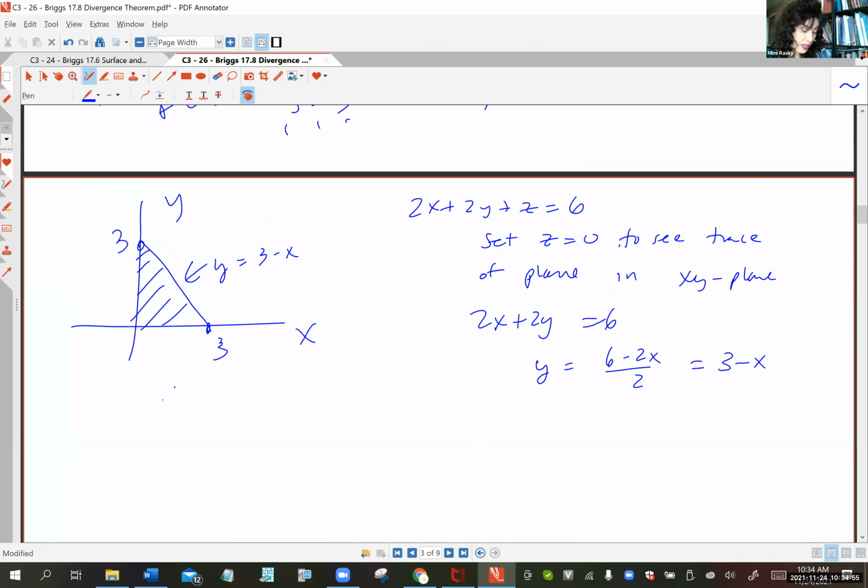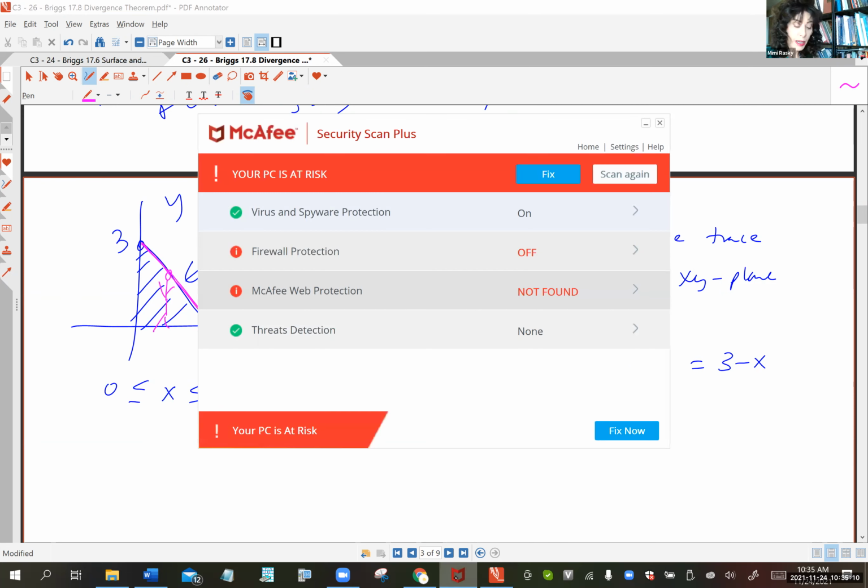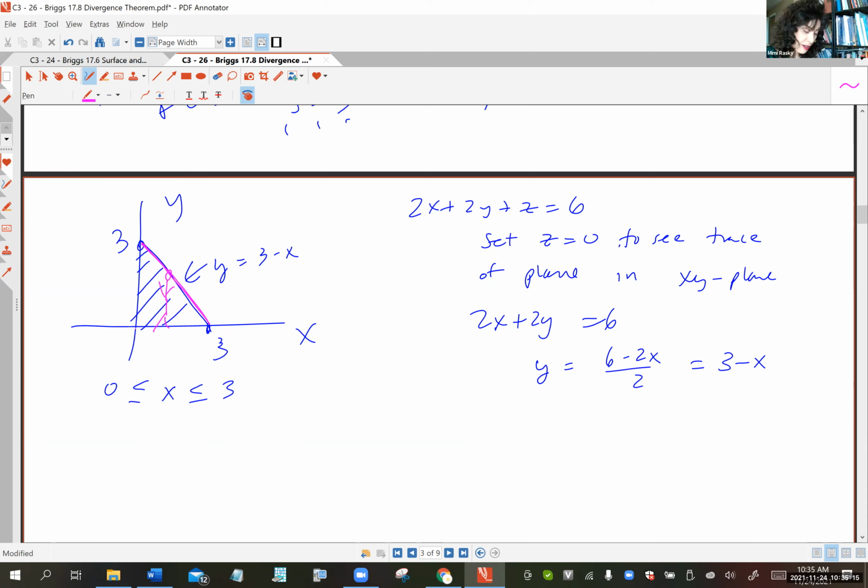Okay, so cool. So here I hope you can see that the limits for x, if we have that be the outermost integral, will be 0 to 3. And if we put our little man in there, the little man's head is touching the line. So that's the upper limit for y. And then his feet are on the x-axis, which has the equation y equals 0. So the 0 and 3 minus x will be the limits for y. And then what about z?